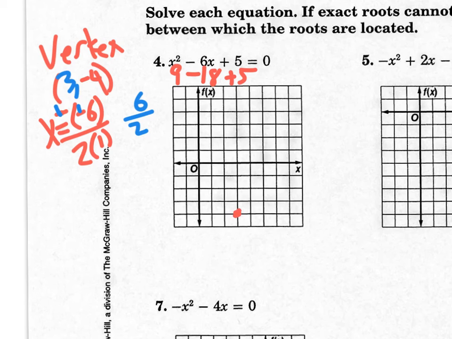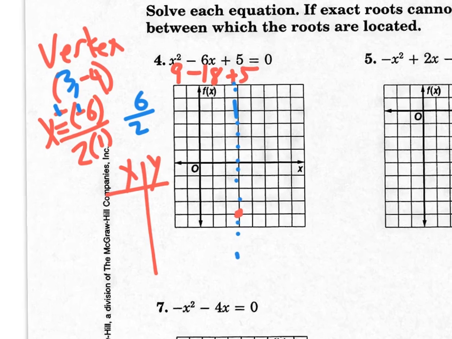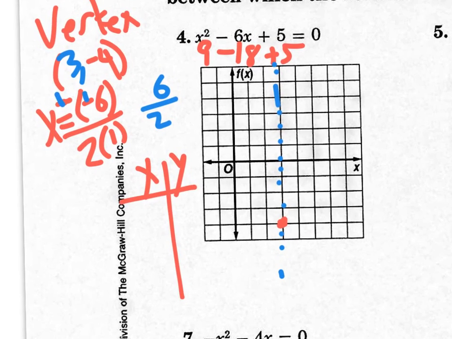Agree? Yeah. And of course, we have an axis of symmetry running right through that vertex. And we need more points, so what would I do? I'd go to an XY table, or we could use the pattern. So instead of wasting more time plugging in values for x into the function, we might as well use the pattern 1, 1, 2, 4, 3, 9.